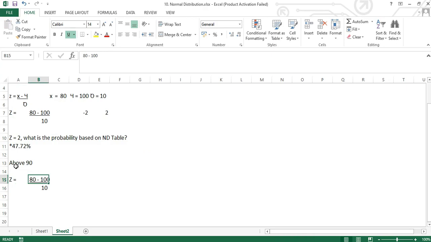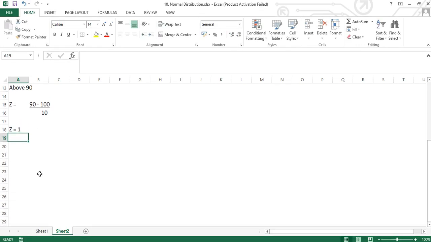Above 90, x is 90, and the standard deviation is always 10. So what will be your Z value in this case? 90 minus 100 is minus 10, divided by 10 is minus 1, but I told you Z values don't consider minus values, so you could simply take it as plus 1.